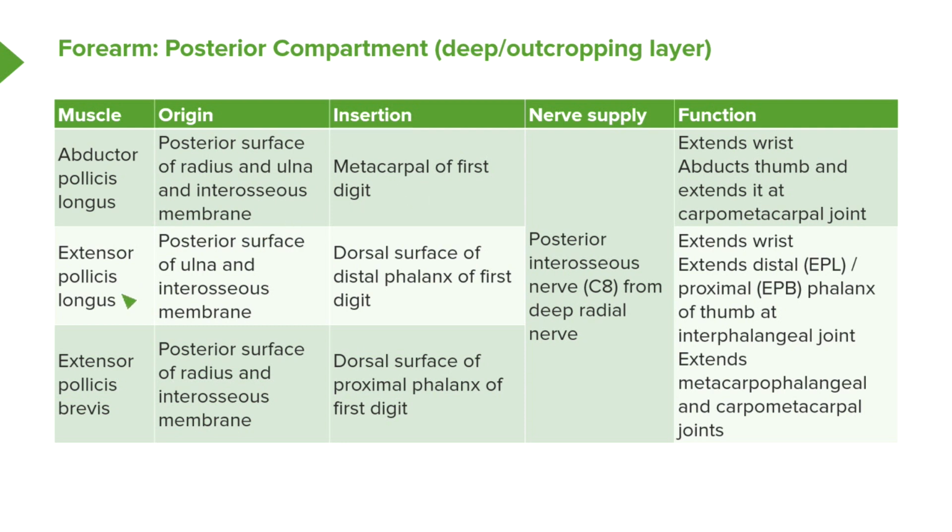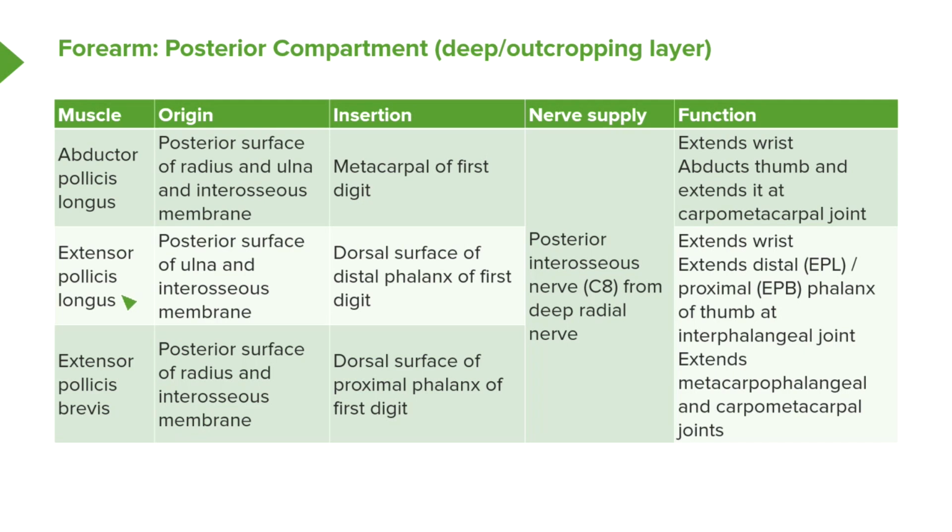Extensor pollicis longus specifically passes from the posterior surface of the ulna and also the interosseous membrane, so not the radius this time, and it passes to the dorsal surface of the distal phalanx of the 1st digit, so the distal phalanx of your thumb. Extensor pollicis brevis, the posterior surface of the radius and interosseous membrane, passes to the dorsal surface of the proximal phalanx of the 1st digit.